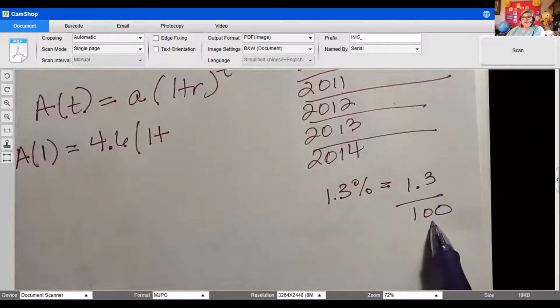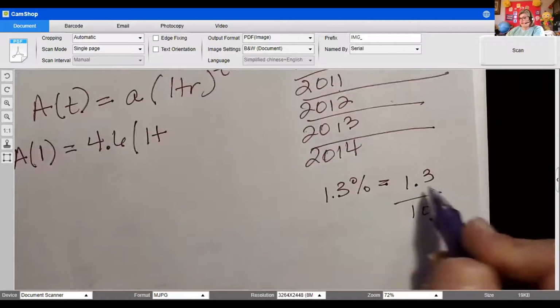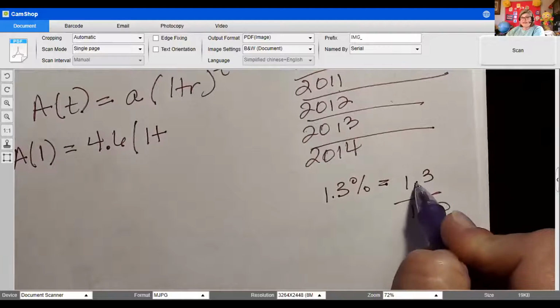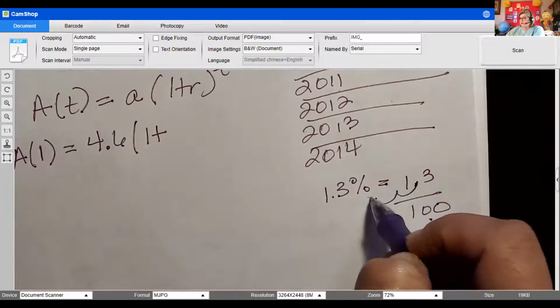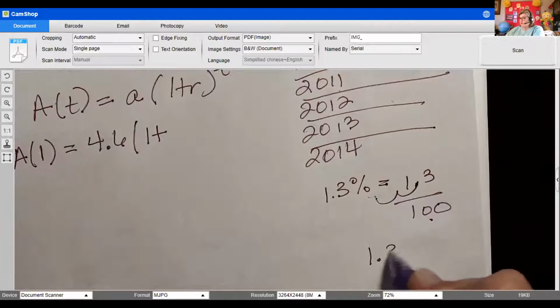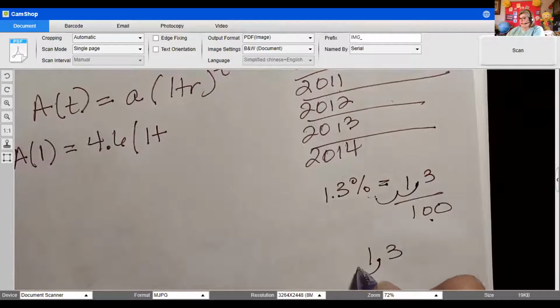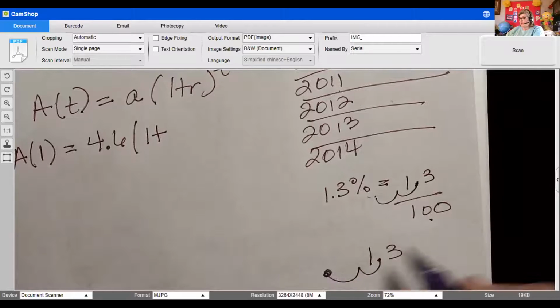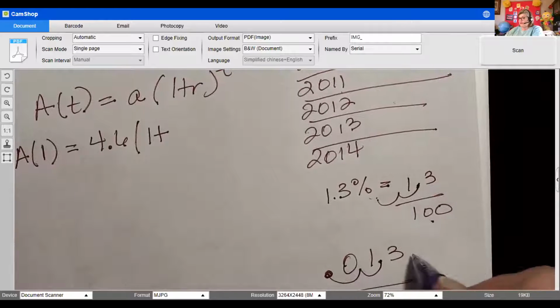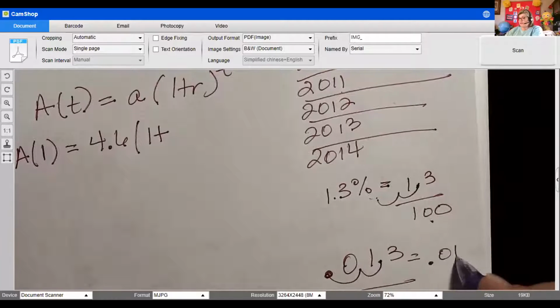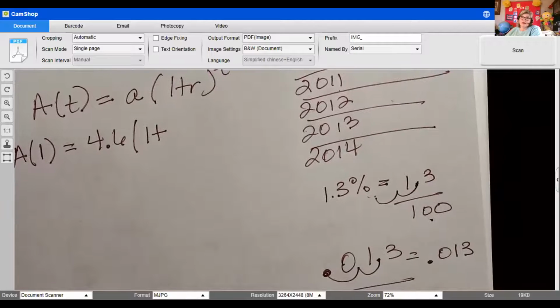So to convert this to a decimal, you simply move the decimal in the percent form over 2, 1, 2. So we've got 1.3, 1, 2, put the decimal there, fill in with a 0. And so the decimal form of the percent is 0.013.